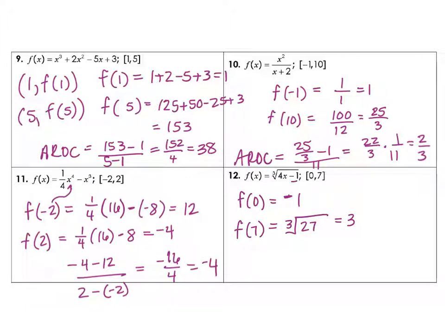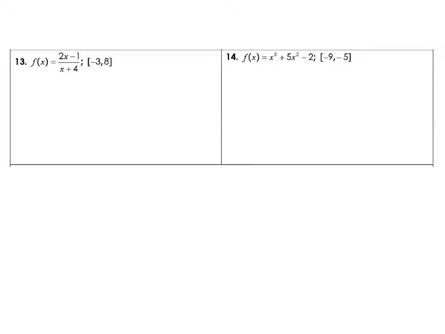And so when we go through our average rate of change, we're going to have 3 minus a -1, so 3 plus 1 over 7 minus 0, which is 7. So our average rate of change is 4 over 7. Okay, so for here, we are going to have f at -3. And so in the numerator, we're going to have -6 minus 1.